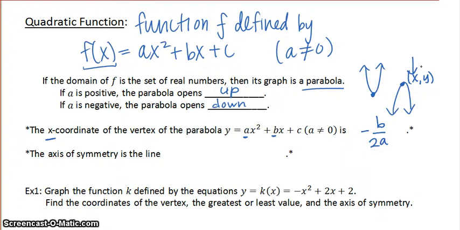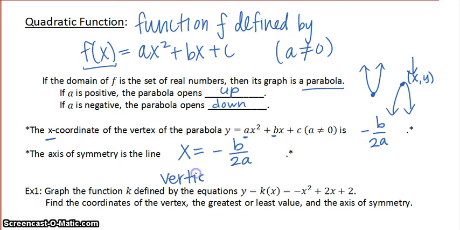Now, the axis of symmetry, we know symmetry is where it's the same thing on either side, it's reflecting. The axis of symmetry is a line, so a line has to be an equation. The equation is x equals negative b over 2a. You need to have x equals to make it a line. We know that x equals equations are vertical lines.